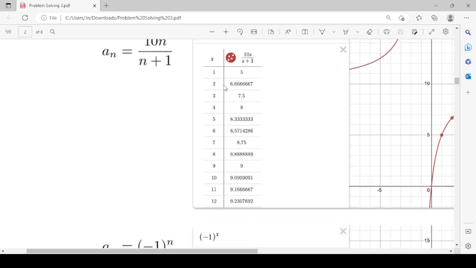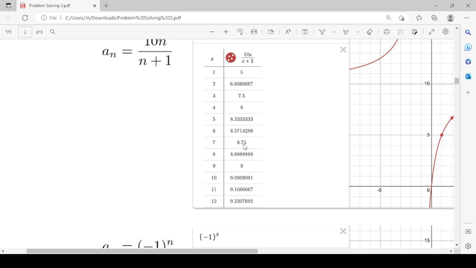And the second, if we add 2 right here we get 6.66666 and so on. If we add 3 we will get 7.5. If we add 4 we get 8. If we add 5 we get 8.3. If we add 6 we get 8.5714286 and so on.